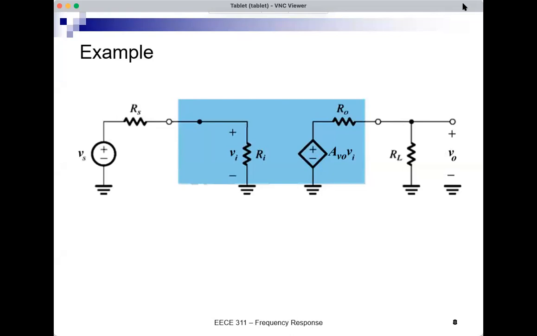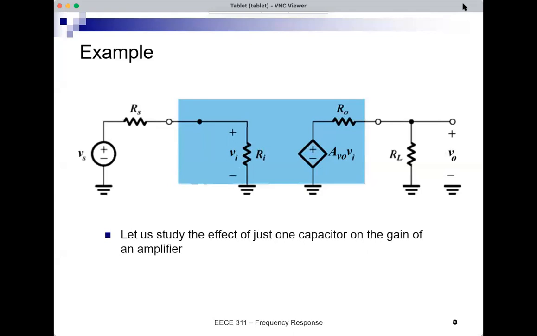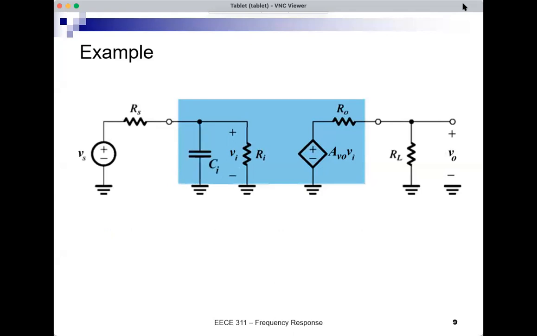So inside the blue rectangle, I'm not showing all the details of the amplifier to keep the analysis simple. I'm just showing the model of the amplifier: input resistance, output resistance, controlled voltage source. So now I will add one capacitor, and we will study the effect of just this one capacitor on the gain. So let's add a capacitor here in parallel with Ri, Ci.